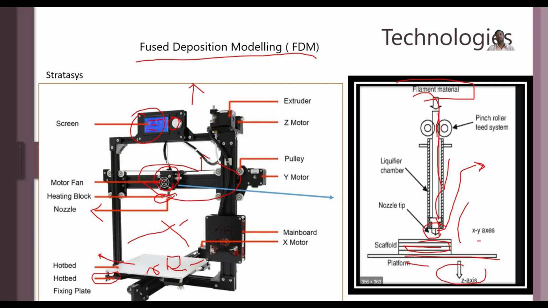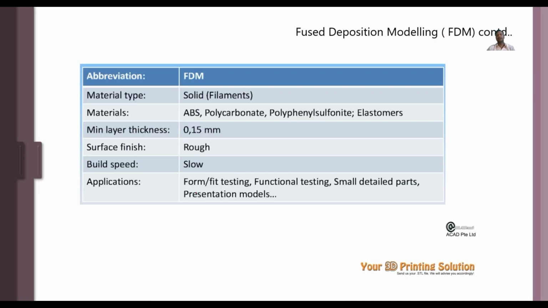That is the direction. For FDM material types, we generally use filaments, solid materials like ABS, polycarbonate, polyurethane fluoride, polypropylene sulfonate can also be used, and also elastomers. A minimum layer thickness of 5 mm we can achieve, but the surface finish is very, very poor in this case. Build speed is very slow in such cases.